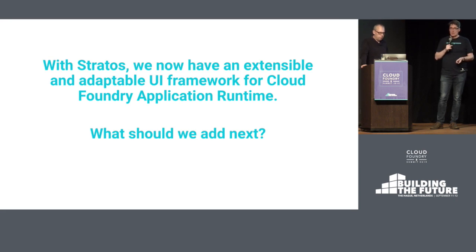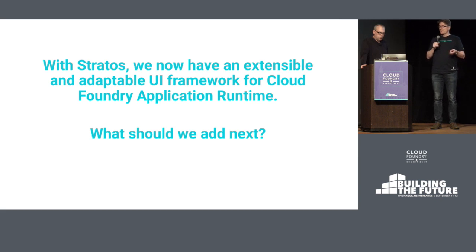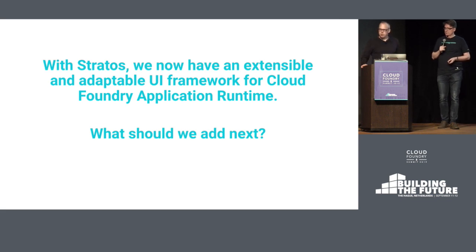Now we have Stratos, the web UI for Cloud Foundry. We've just graduated out of incubation, so we'd been an incubated project previously. We're an official project as of last month.